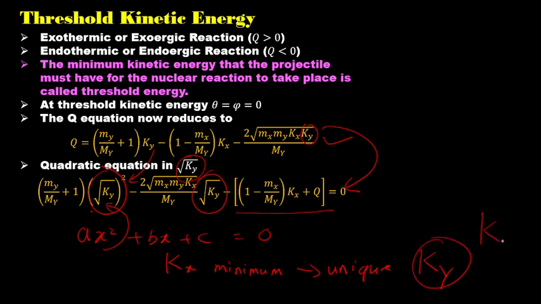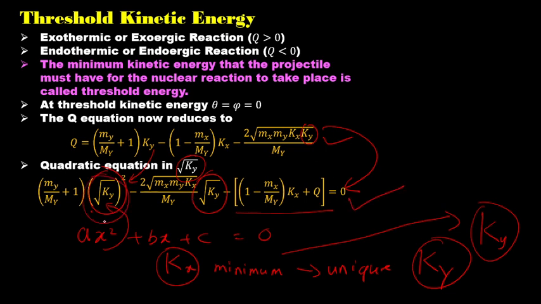So we have only the kinetic energy of the outgoing particle in our analysis along with the energies of the reacting particles. So the kinetic energy of the outgoing particle will also be a unique value when the kinetic energy of projectile is at minimum and hence has a unique value. So in this quadratic equation, the unique minimum value of kinetic energy of projectile gives rise to a unique value of the kinetic energy of the outgoing particle.